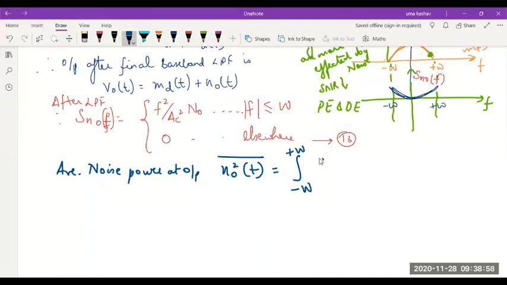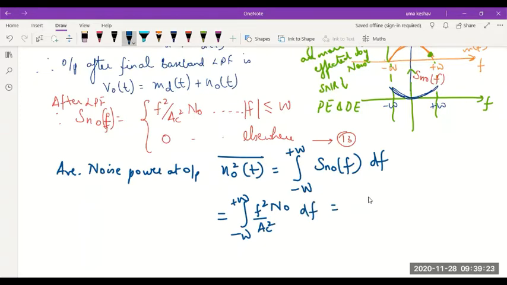See, the power spectral density curve Sn naught of f df is defined here. Area under this between minus W to plus W I should consider. So this will be minus W to plus W f square, the equation. In this range, what is the value? f square by AC square into N naught df. Here N naught by AC square is a constant.